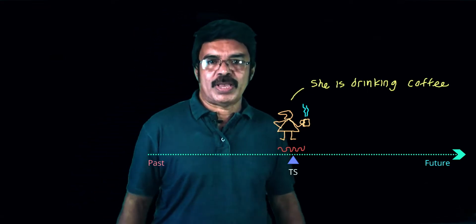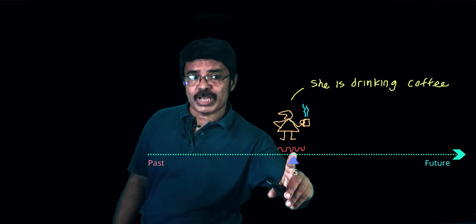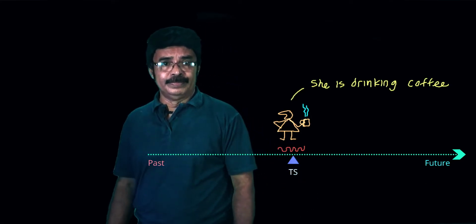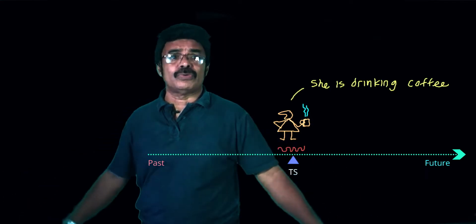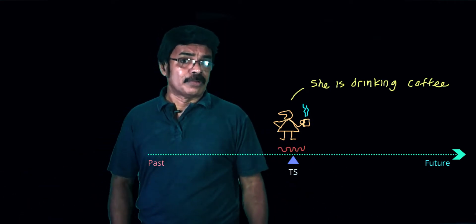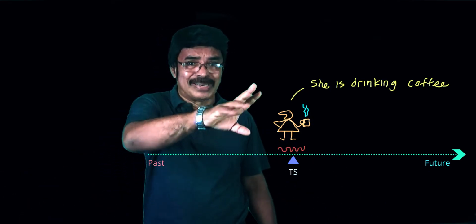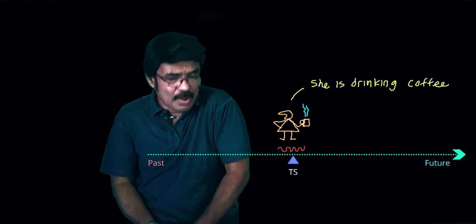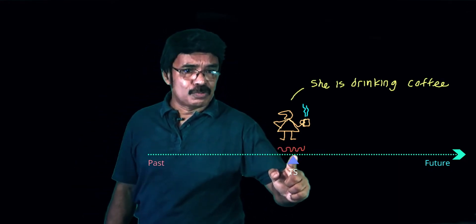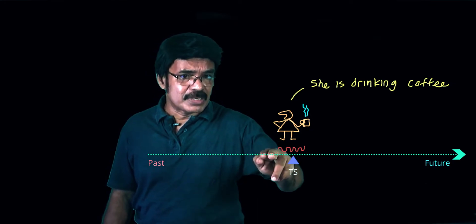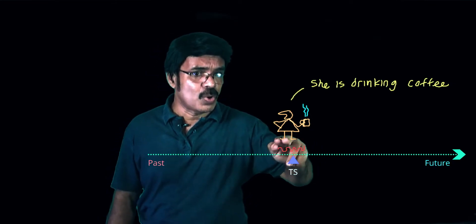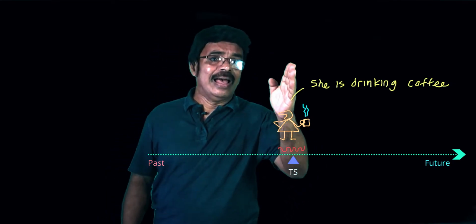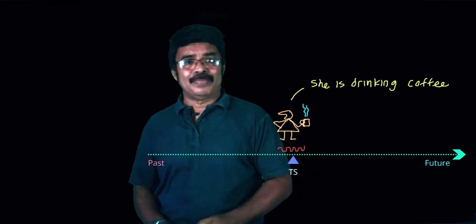She's drinking coffee now at 8:30. So we can use present continuous tense. I'm not going to teach you present continuous tense now, but I just show that at the time of speaking, there can be something happening, something going on exactly at present.